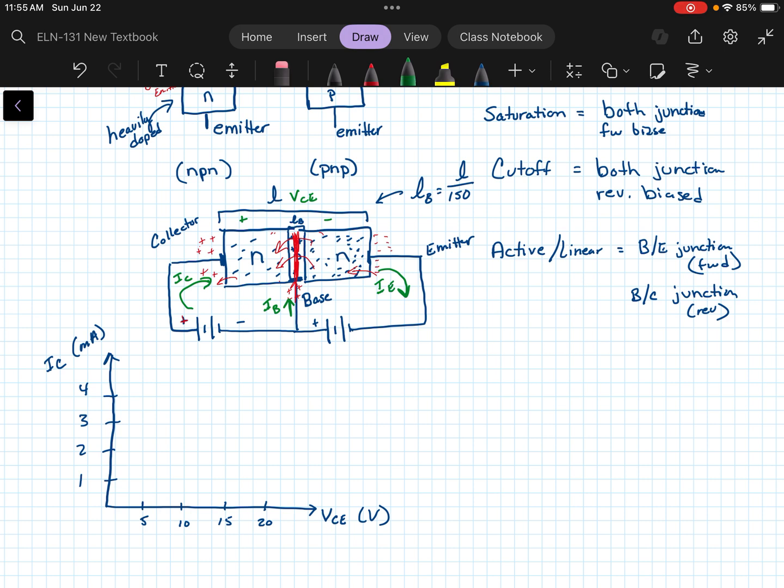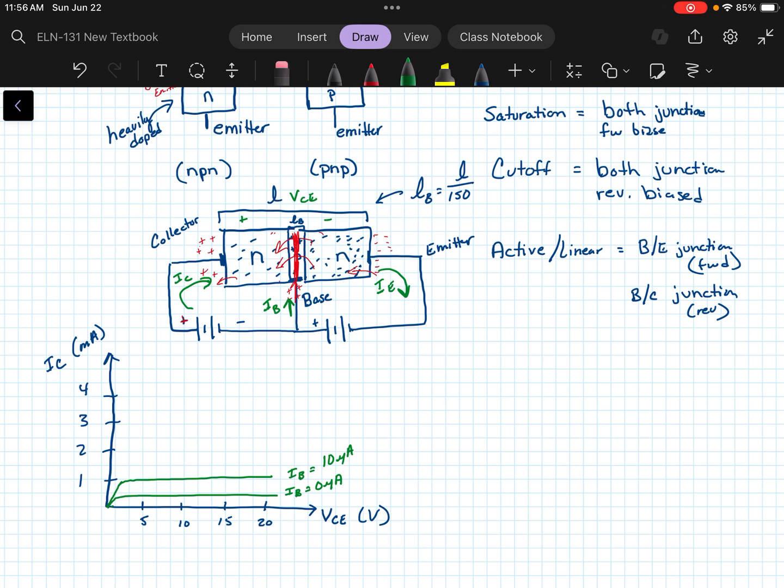So what we're going to see is that, for instance, if our IB is, I should have drawn one below this, let's say 10 microamps. And I'm going to draw another one a little bit lower, and we're going to call that IB at 0 microamps. So very small. If we have IB of 10 microamps, maybe we have an IC of 1 milliamp.